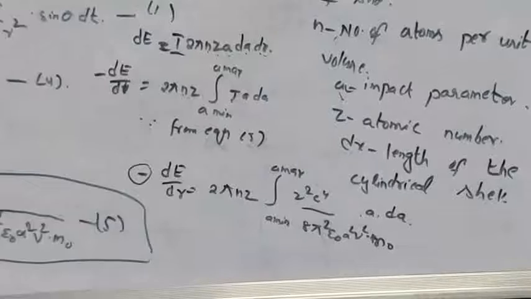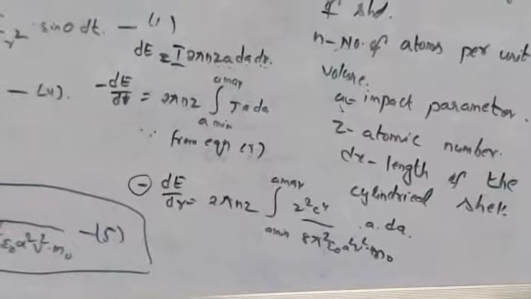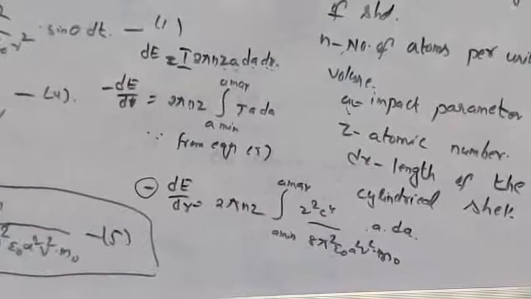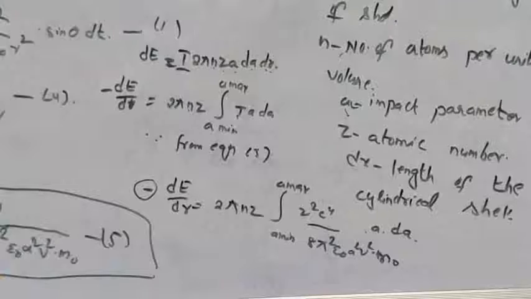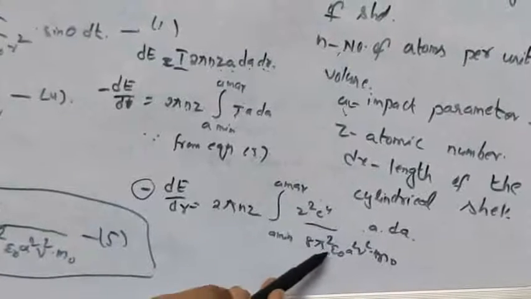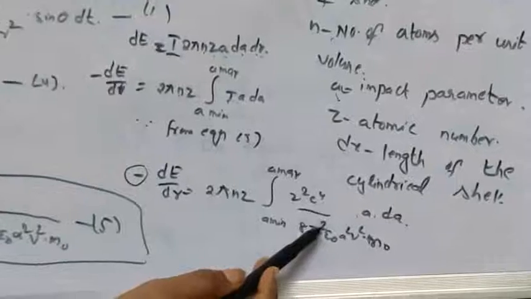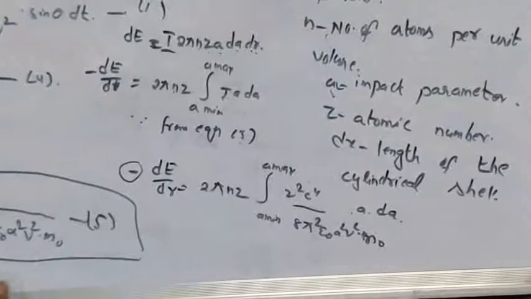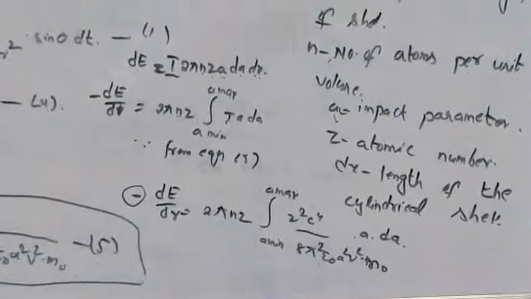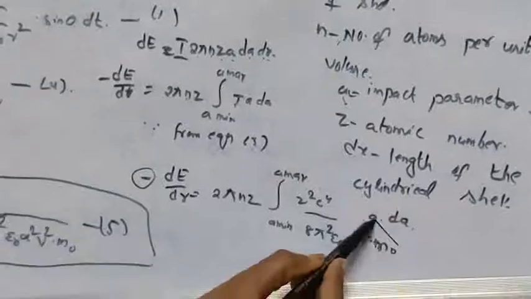Now I am going to bring this z square e power 4 by 8 pi square epsilon naught a square v square into m naught out of the integral. I am going to bring this whole term out of the integral.